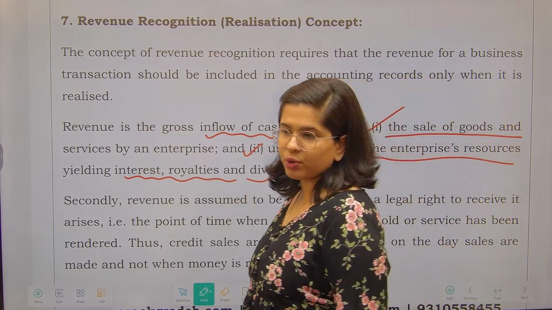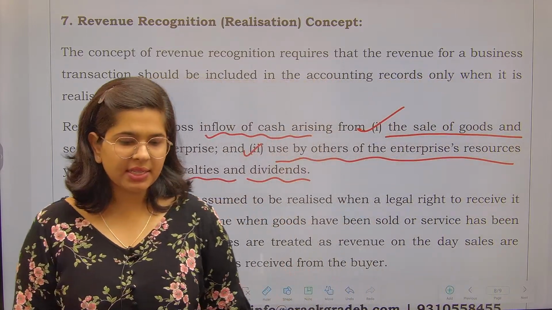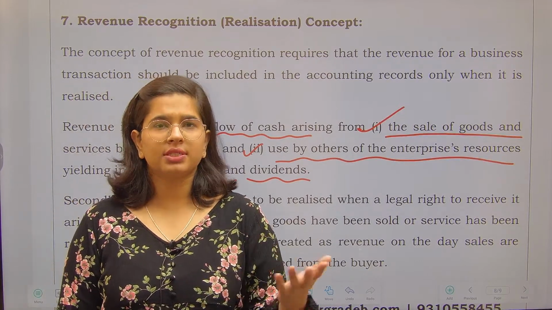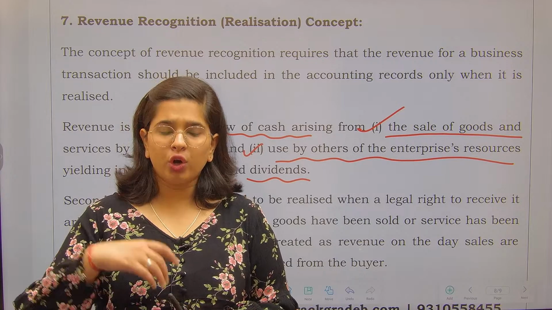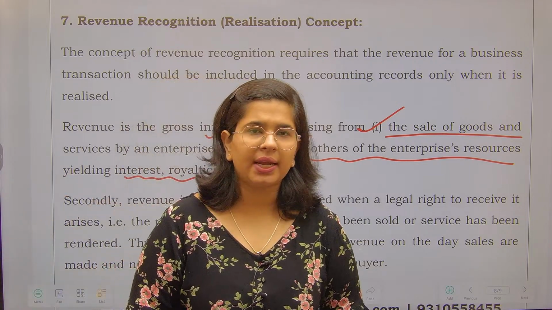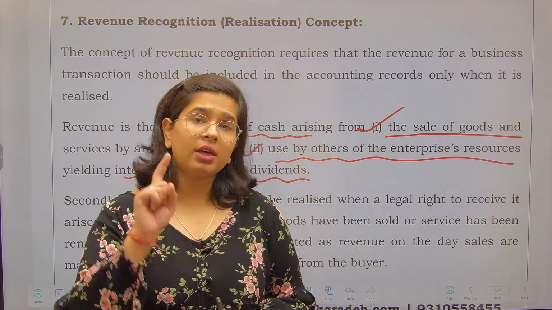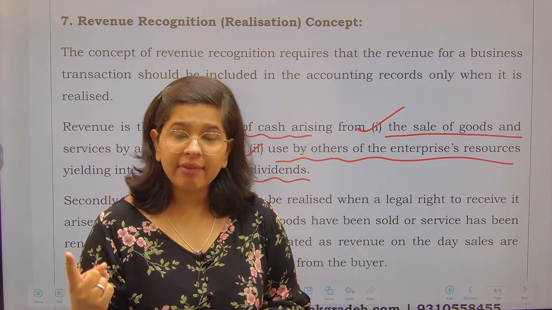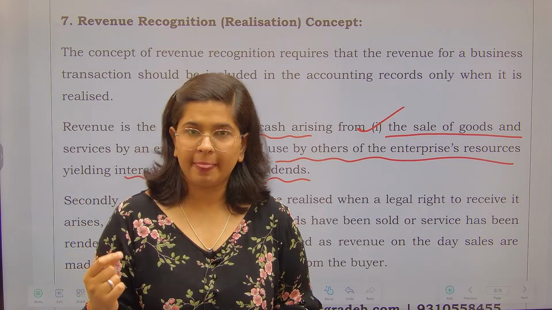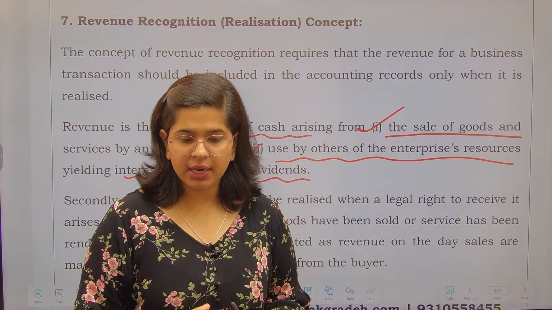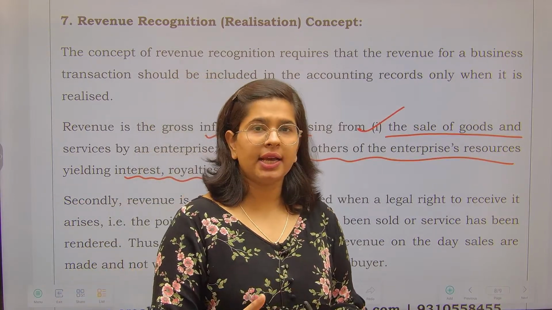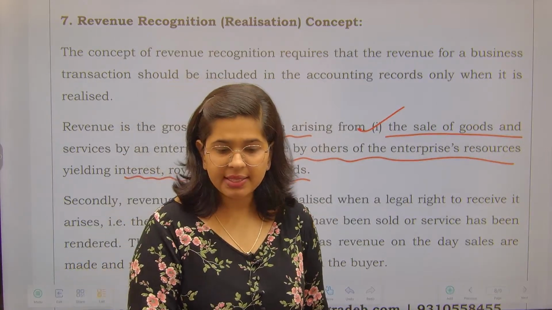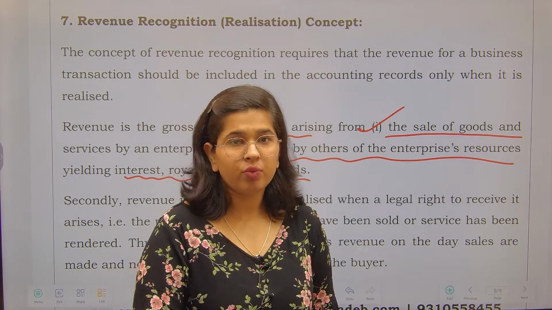For example, suppose I have a patent in my name, that is my asset. ठीक है, I have given this asset for someone to use. I have told the other person that you can use my patent and do the production. Now the other person is going to pay me the royalty. So that royalty is revenue for me. ठीक, मेरी assets को use करके if someone is generating an income and he is giving me a part of it, that is called my sales or my revenue.